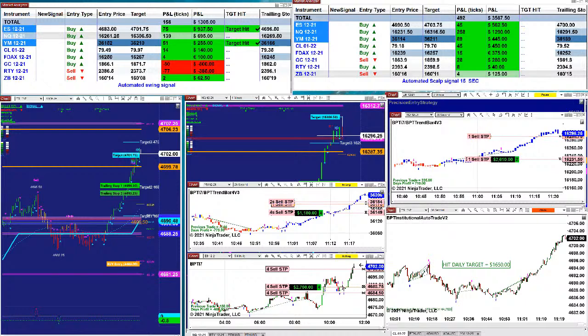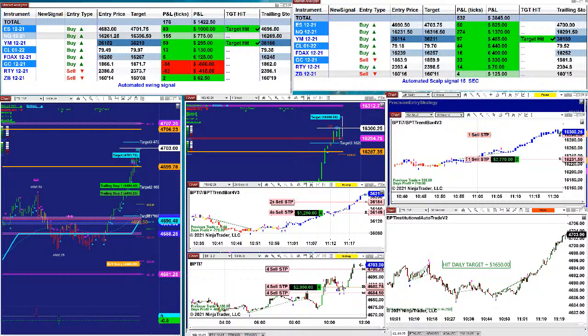Now the trade is going to close most likely on the NASDAQ. We'll see. It's going to close.